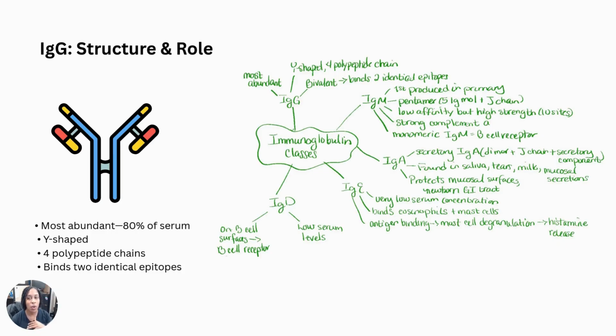It has a Y-shaped structure and 2 identical binding sites that make it highly effective for neutralization. So, stemming from IgG, we have it's abundant. It has a Y shape with 2 identical binding sites. That's important. Now, there is another key player, and that is IgM.